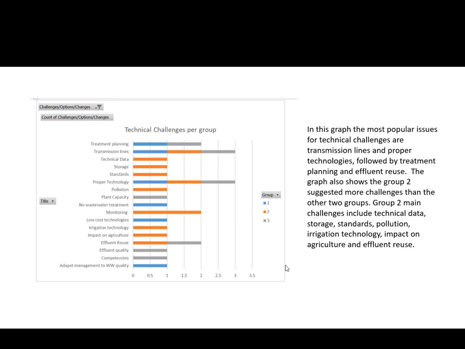Then I extracted from the database certain reports for the different types of challenges, technical challenges, and the graph shows that, for example, treatment planning is mentioned by group 1 and mentioned by group 3. But transmission lines is mentioned by the 3 groups, 1, 2, and 3.